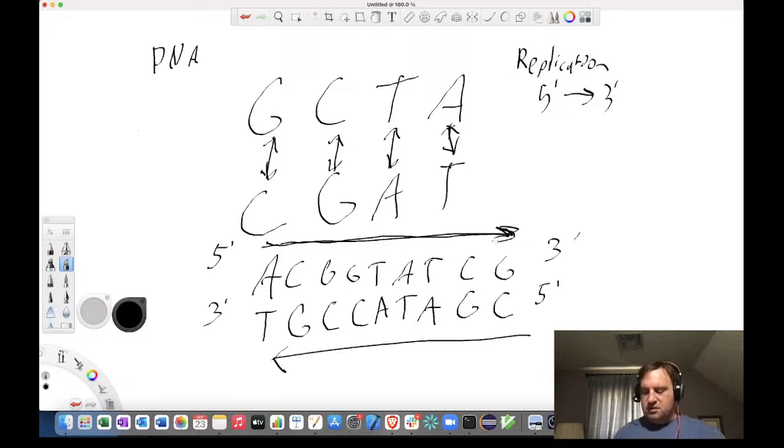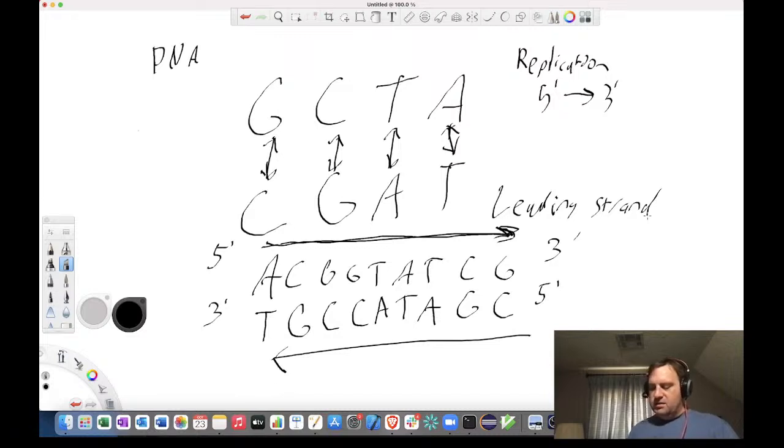It splits into two segments, and on the leading strand, it just synthesizes away. It uses DNA polymerase to make copies, and it's happy because it's going 5' to 3'. But this other strand is going the opposite direction.